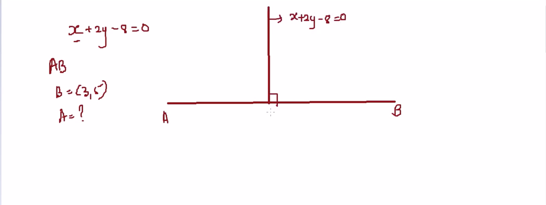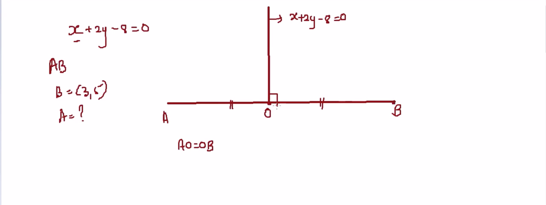Perpendicular bisector, which means this is perpendicular, and bisector, which means it bisects this line. So if I say O, then AO is equal to OB. So this line AB is bisected by x plus 2y minus 8 equals 0 into equal parts, and we are supposed to calculate point A. That means O is the midpoint.